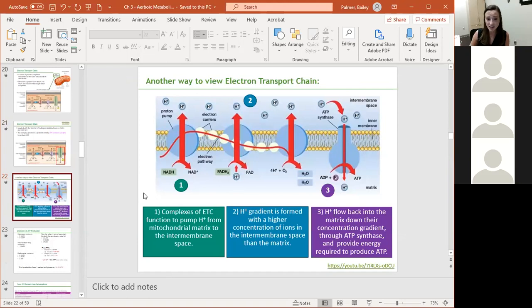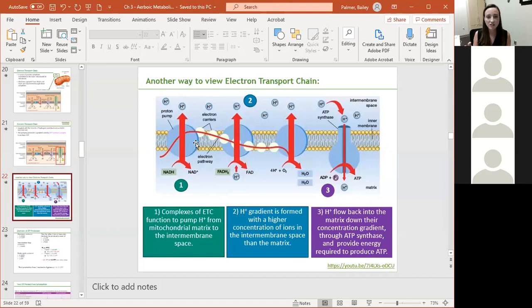NADH and FADH. NADH can drop their hydrogens off at this first pump here. And when they drop their hydrogens at the first pump, those hydrogens are pumped to this outer membrane. FADH, we know it cannot enter into the first pump, but it can drop its hydrogens off at the second pump. So still resulting in an accumulation of hydrogens in the outer membrane.